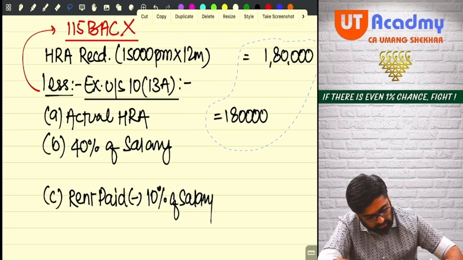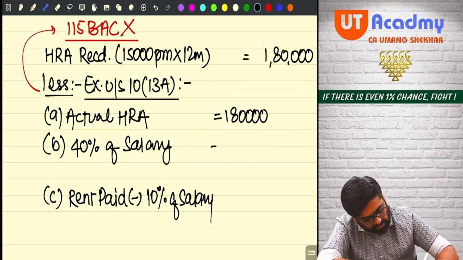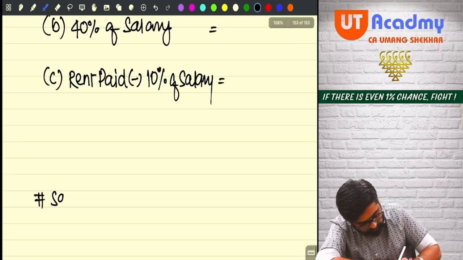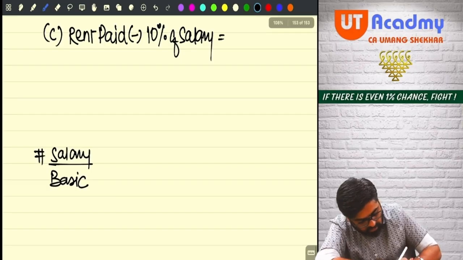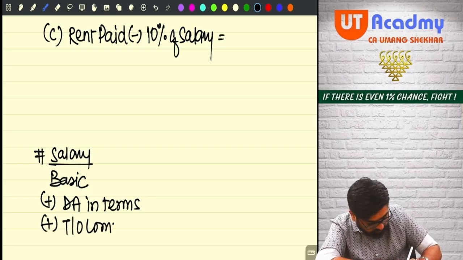Everyone understanding what is happening? So now I will first calculate salary. For salary, I would require basic plus DA in terms plus turnover commission.